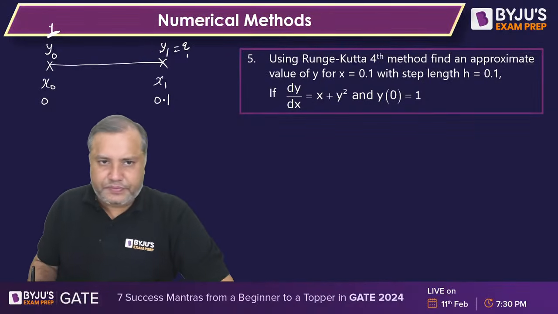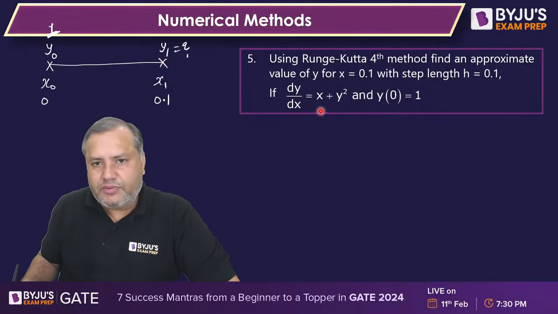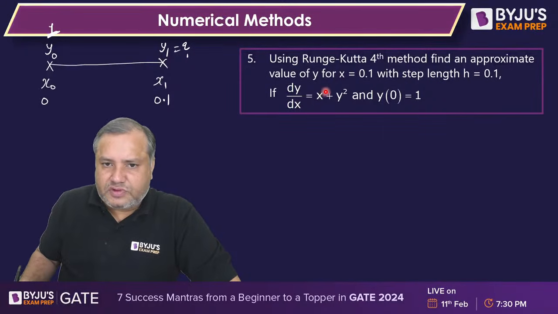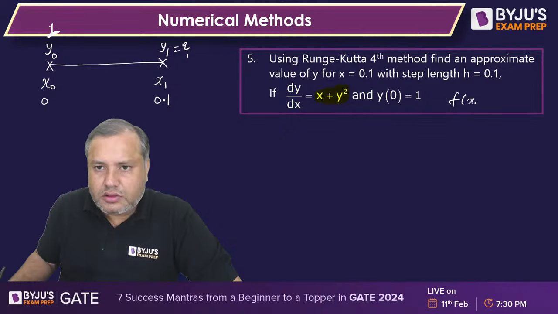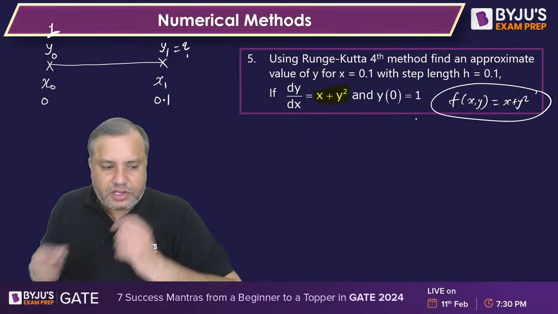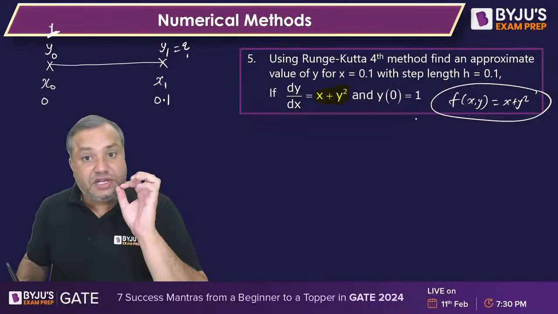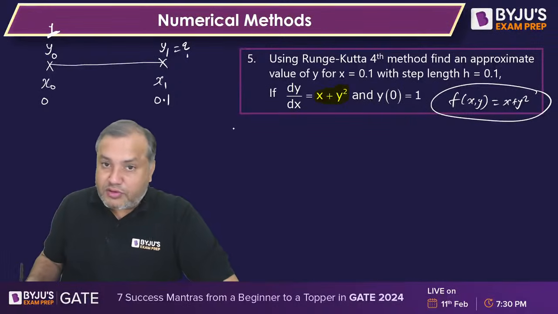Now, students, please see here. The right hand side of the differential equation is f of x y, which is x plus y square. For the Runge-Kutta method, you just need to remember some formulae.